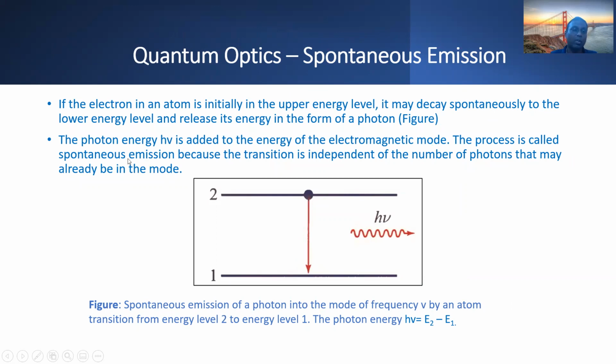This process is called spontaneous emission because the transition is independent of the number of photons that may already be in the mode. So spontaneous emission of the photon into a mode of frequency ν by an atom transitions from energy level 2 to energy level 1. The photon energy is now given by energy level 2 minus energy level 1.